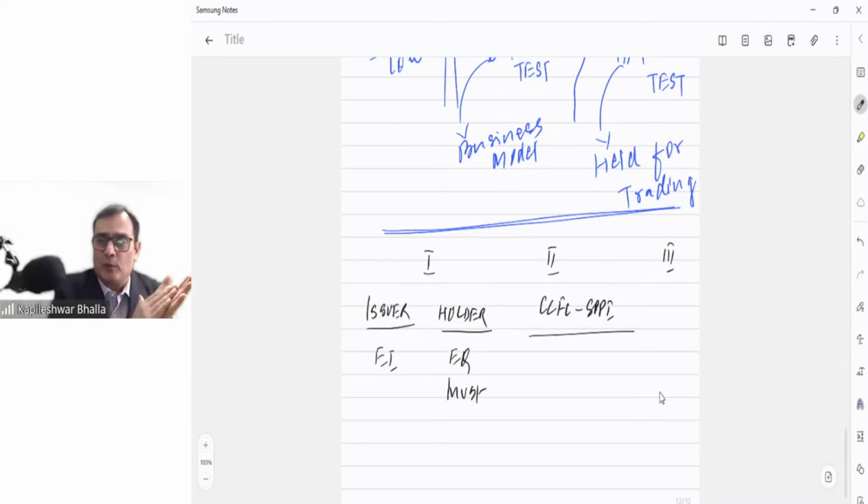So if the issuer does not have an obligation to pay the principal and the interest on the principal, the holder is putting a test to himself, CCFC. Do my contractual cash flows have a characteristic where I'm going to get solely the payment of principal and interest on that principal? Can I say 100% no? Can I say you will definitely fail the CCFC SPPI test?